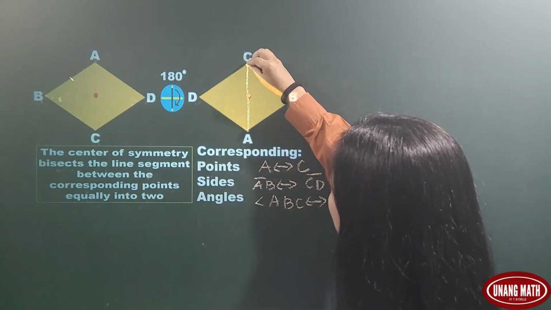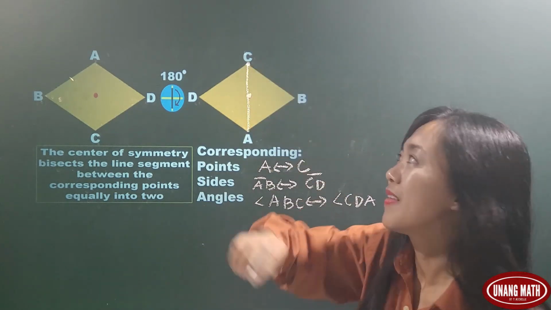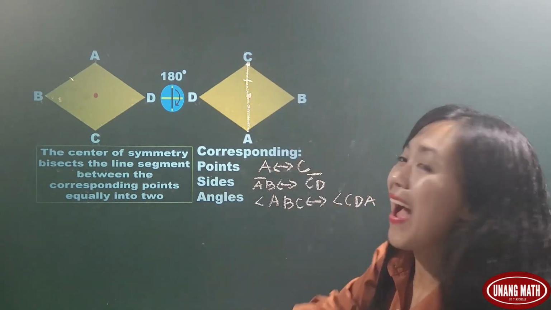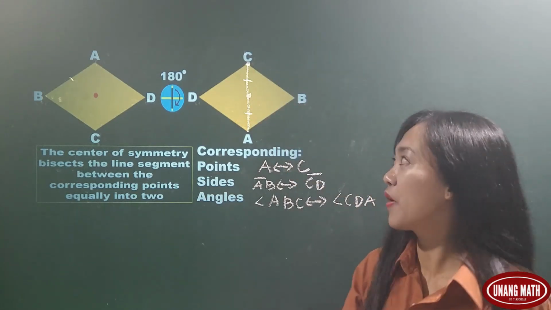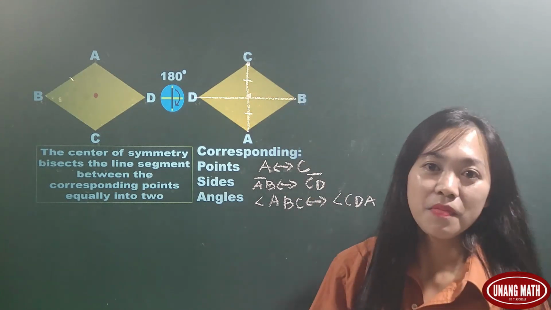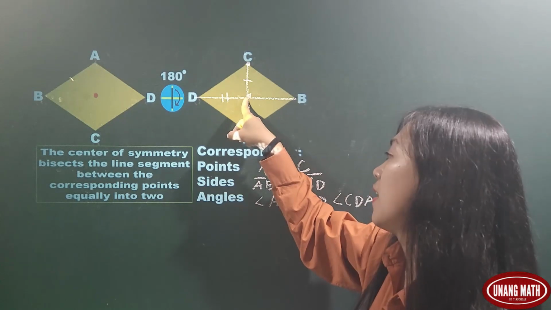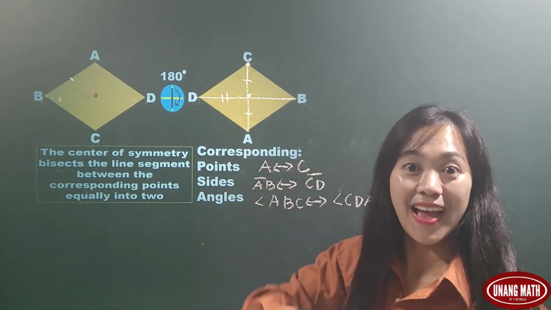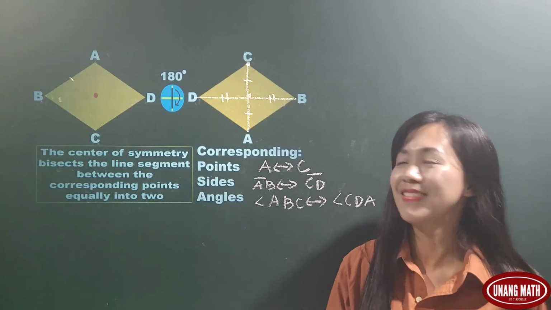So, from point na ito hanggang sa ating center of symmetry, ang length nito ay equal lang sa length nito. Or, we can also draw another line segment here. Ang length nito, from here hanggang sa ating center of symmetry ay equal lang sa length nito.